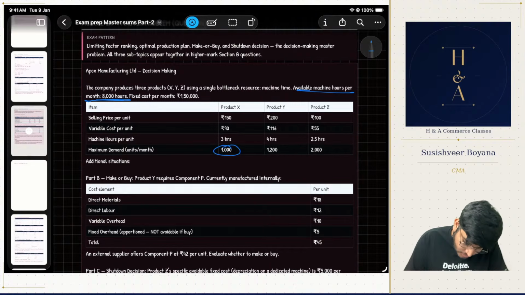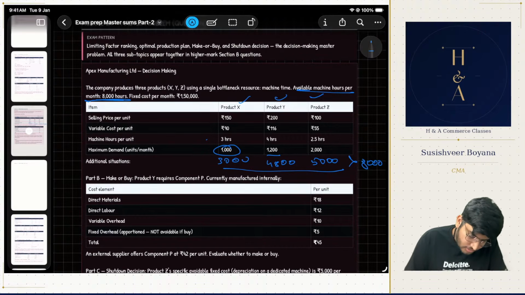Maximum demand: 1,000 into 3, 3,000. 1,200 into 4, 4,800. 2,000 into 2.5, 5,000. Right? Total is exceeding 8,000 hours. You can't have all products produced under the available hours, right?